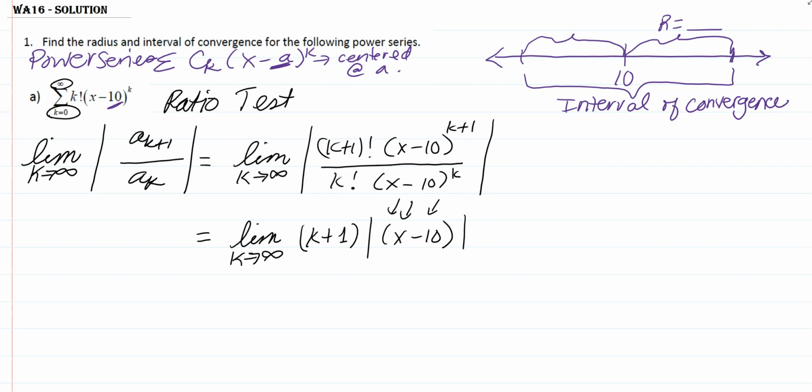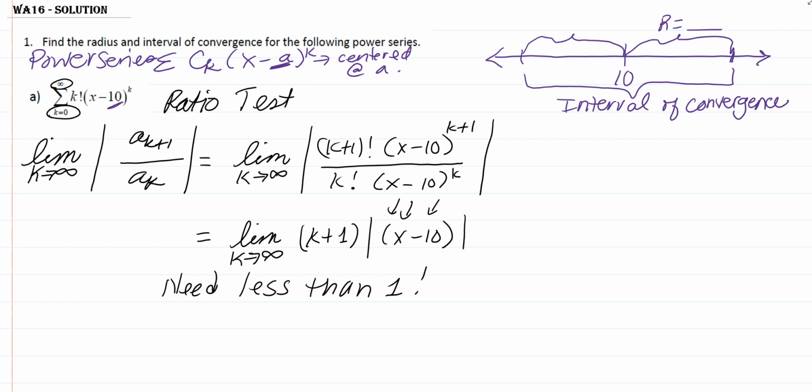So in order for this to converge, we need this limit to be less than 1. So it needs to be less than 1 to converge. Let's go and find out what this limit is.